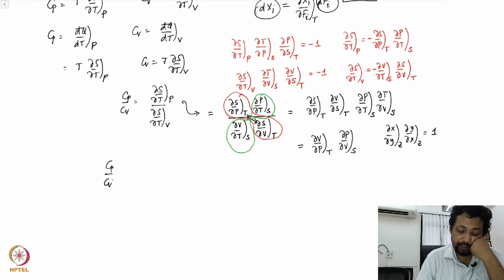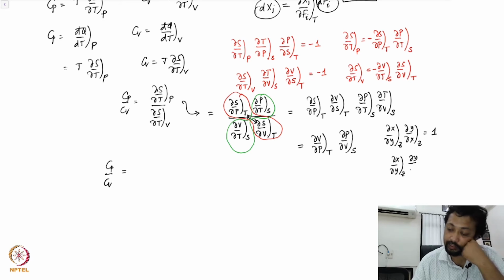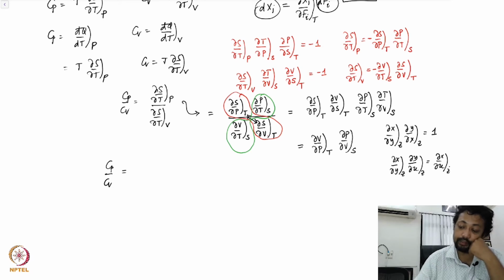Therefore, Cp over Cv is equal to, so you can also say that (∂X/∂Y) at constant Z times (∂Y/∂U) at constant Z is actually (∂X/∂U) at constant Z. This is also what we are using over here.